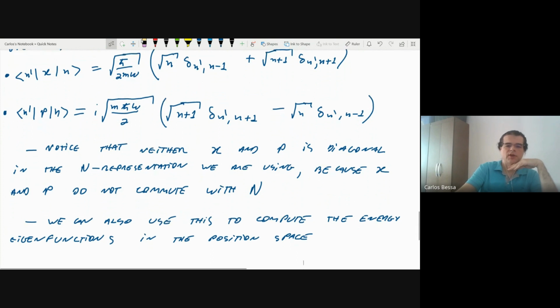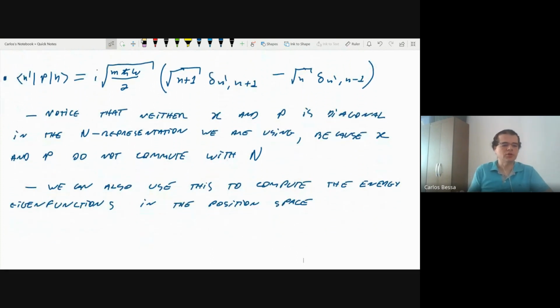So we still don't have the wave functions. So to do this, let's start with the ground state.